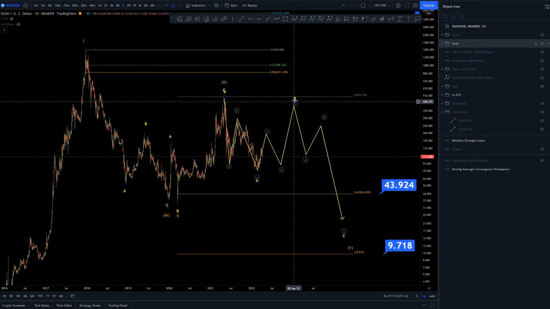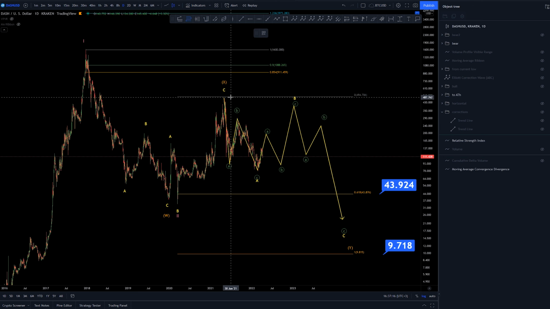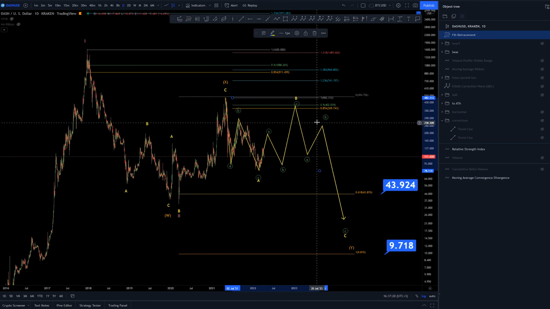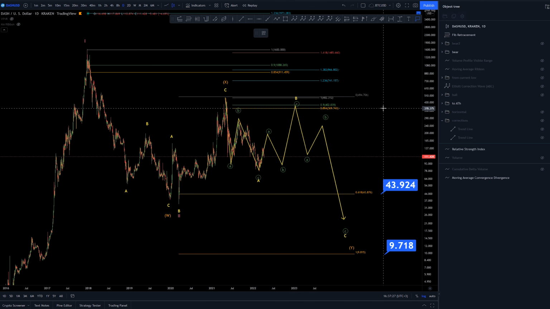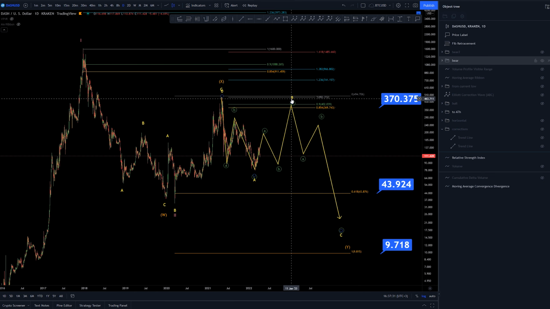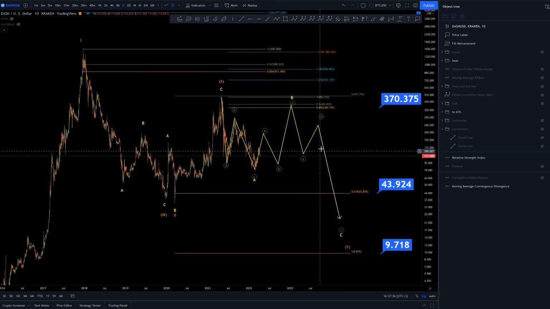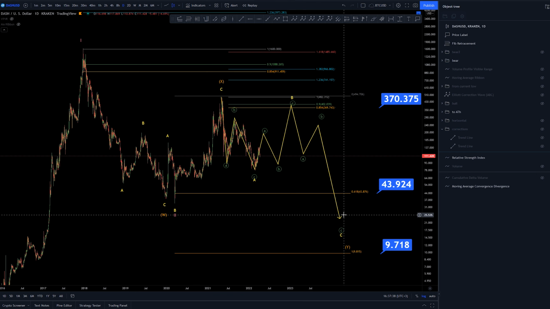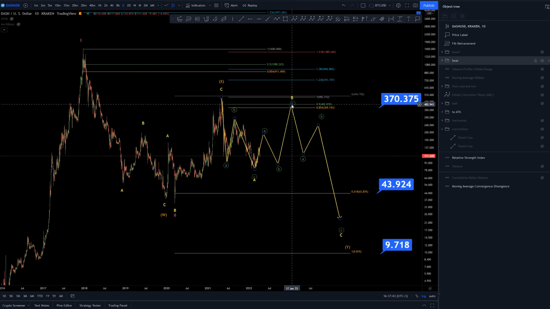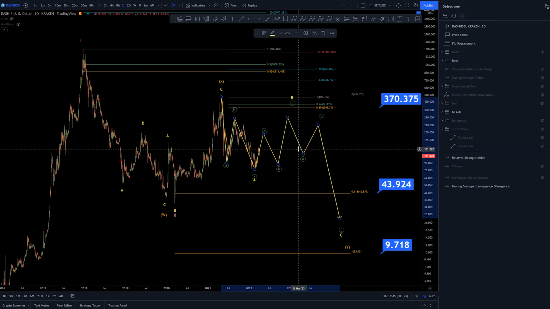This is of course dependent on how much we would be correcting above this current price, and if we are indeed getting to this 854 retracement around $370, and at that point we can call it a B wave. Before it's an X wave, and we would be correcting downwards with 3 waves instead of this 5 waves that we have here.